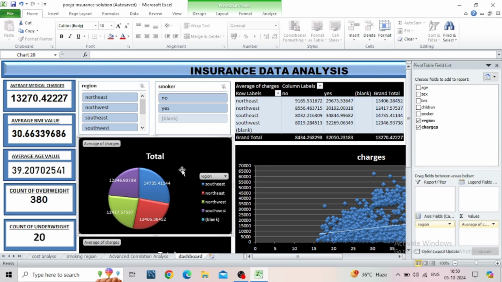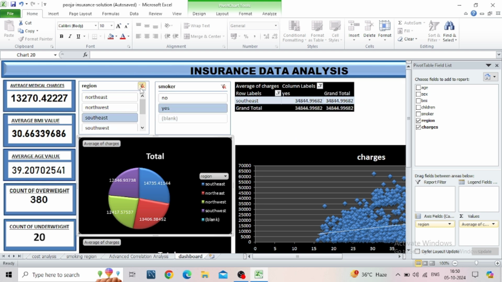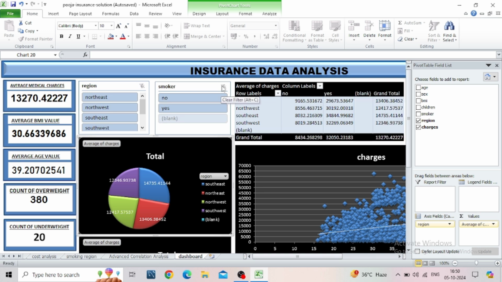Stakeholders can use filters like this. Let me remove the filters. So stakeholders can use filters to look at specific regions or groups.